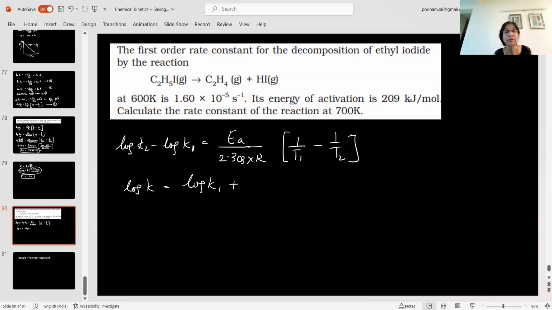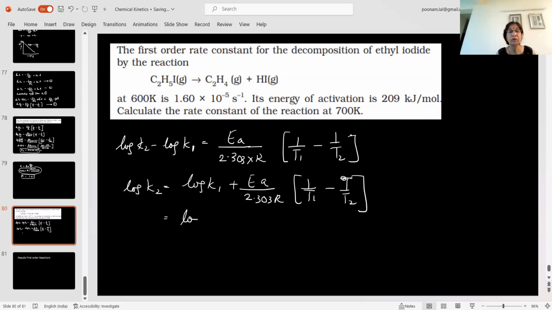plus EA upon 2.303 R, 1 upon T1 minus 1 upon T2. So now fill in the values and do it. So what will you get? It will be log K2 will be equal to log of K1, which is given as 1.6 into 10 raised to minus 5, plus EA by the whole thing.